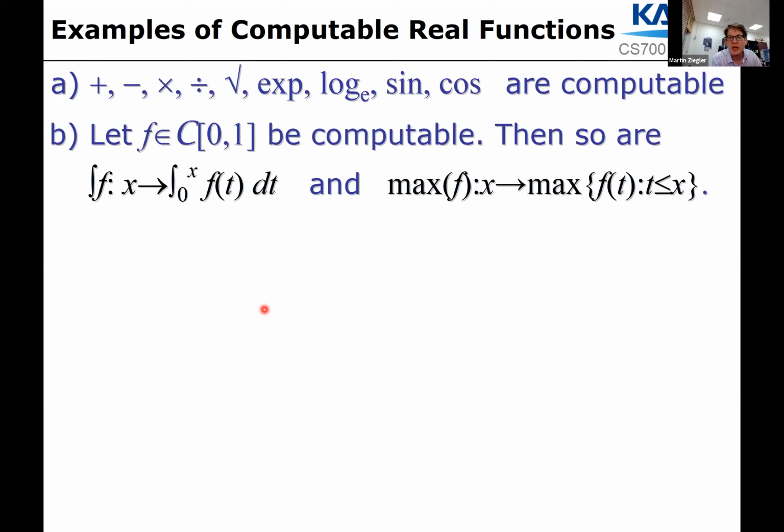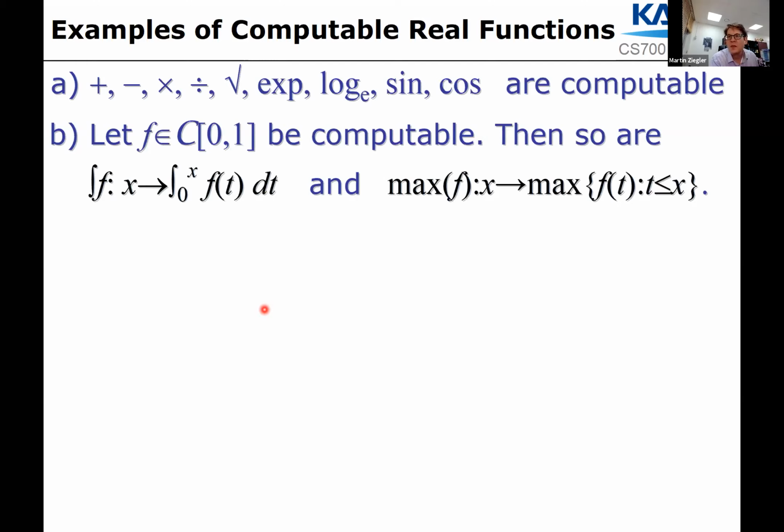We've also seen that some important operators map computable functions to computable functions. We have not talked about computability of operators, mind you. This is going to be a separate chapter in this course.